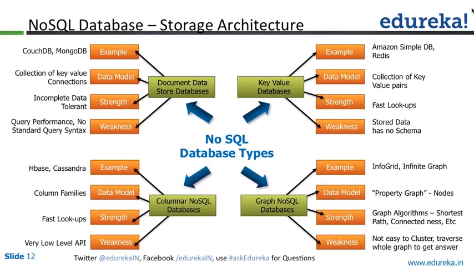They are basically collections of key values. The weakness of these kinds of databases is basically the query performance. They are comparatively bad with respect to query performance, and they also have issues with general scalability.